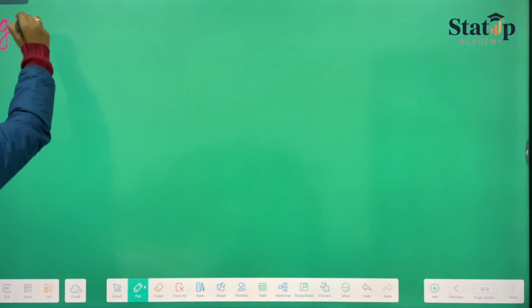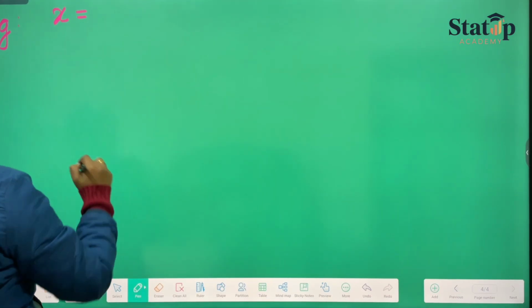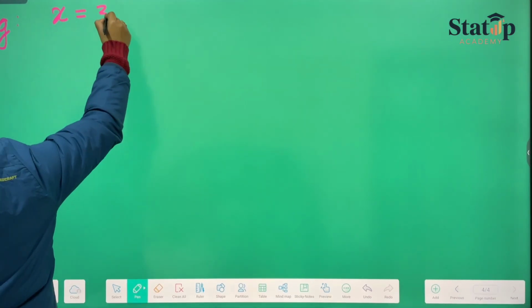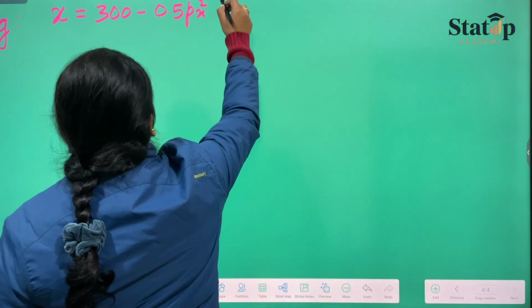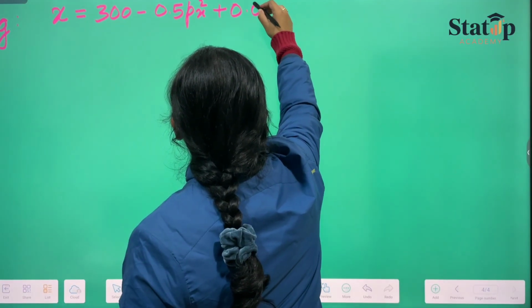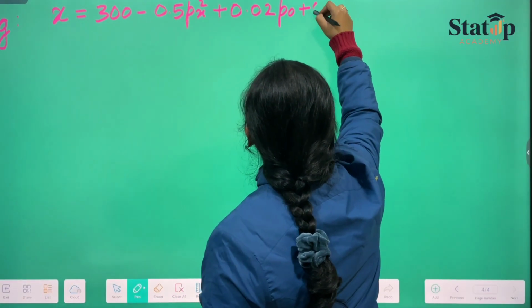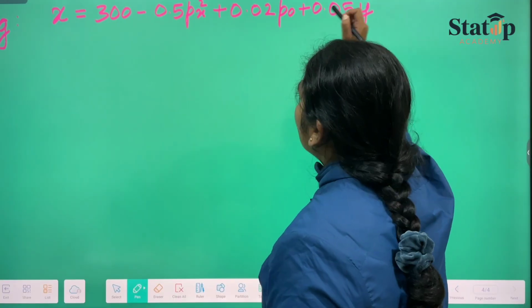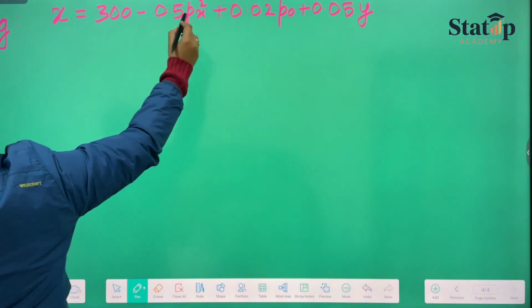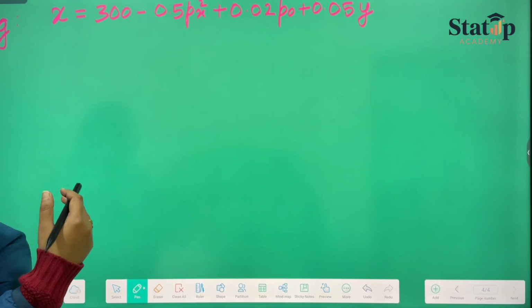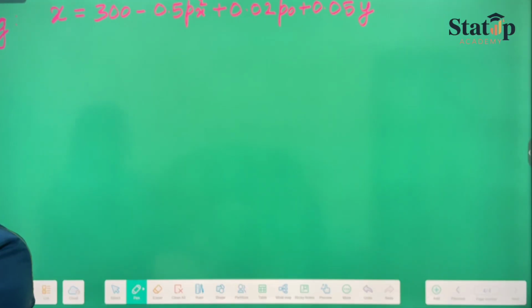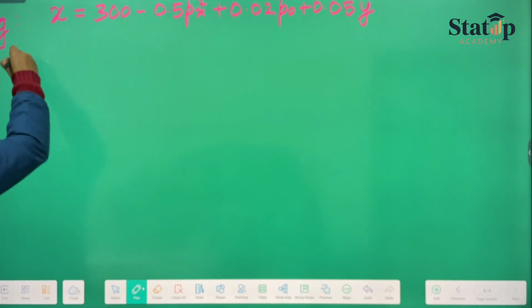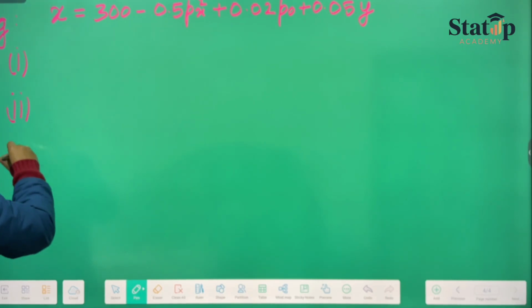We have been given the demand function as 300 minus 0.5 px square plus 0.02 p naught plus 0.05 y, where x is demand function, px is price of x, p naught is the constant price, and y is the constant income which has been given. And we have been asked to calculate three parts of this question.